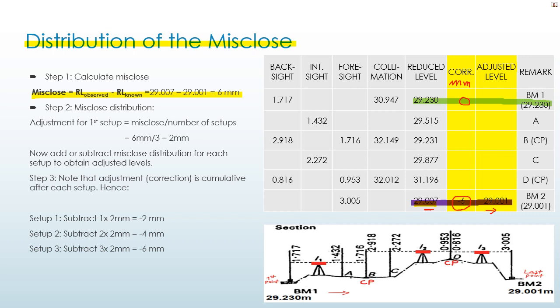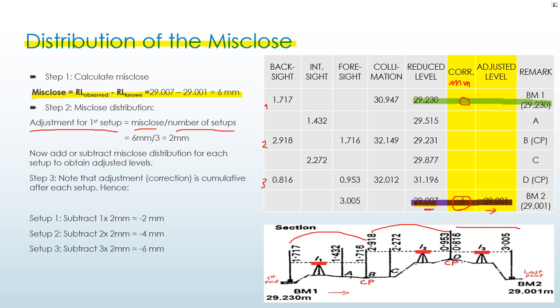The first setup adjustment will be misclose divided by number of setups. So here we have 3 setups: setup number 1, setup number 2, and setup number 3. You can calculate how many backsides: that is the number of setups, 1, 2, 3 backsides, or 1, 2, 3, 4 sides.